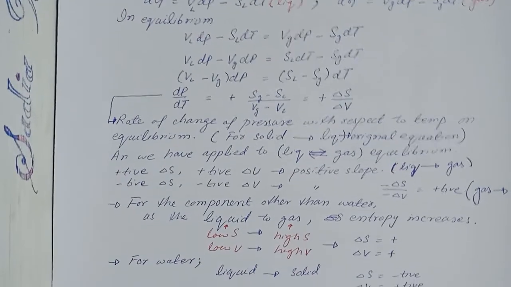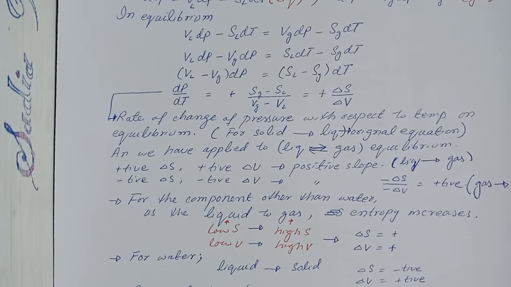So the case we have discussed is actually for the component of the phase diagram that is applicable for substances other than water. As the liquid changes to gas, entropy increases. It means the entropy of the liquid is low, and for the gas the entropy is high.